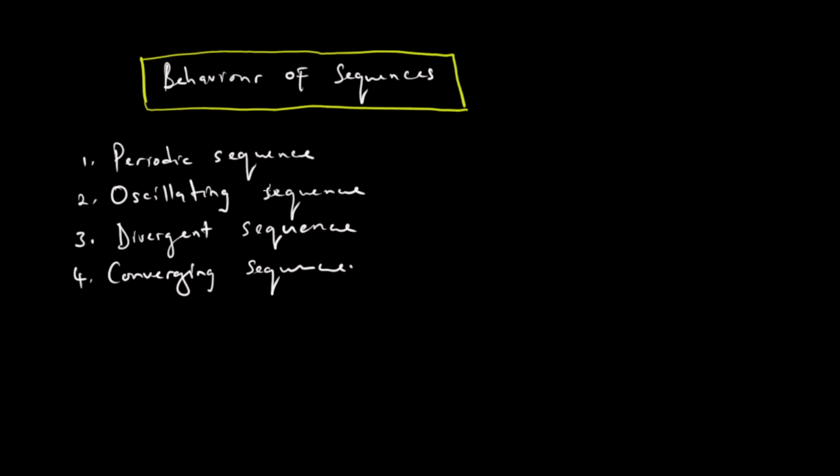A periodic sequence is one where after certain terms it starts repeating. An example would be 1 2 3 1 2 3 1 2 3 and so forth. After certain terms, in this case 3 terms, it repeats, so it's cyclic in nature. That's periodicity. An oscillating sequence keeps changing between negative and positive.